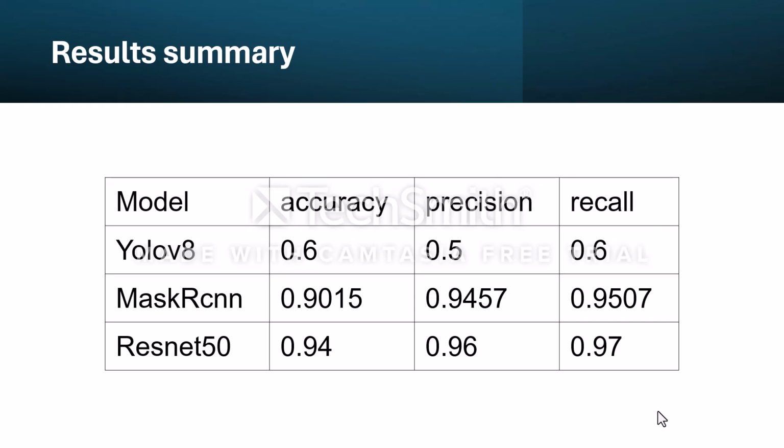And this low accuracy at the level of YOLO V8 may be influenced by the number of epochs it has been trained on, since Mask RCNN was trained longer than YOLO V8. So in order to improve the accuracy of this model, we might need to increase the number of epochs the model went through.